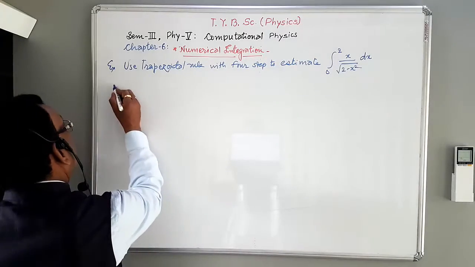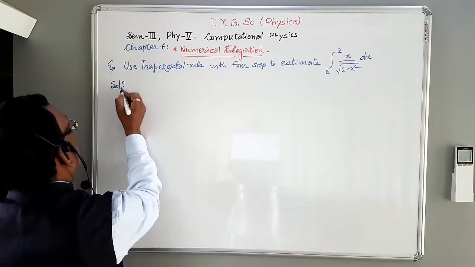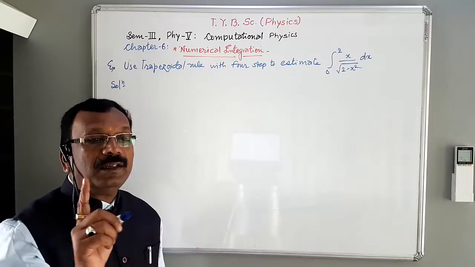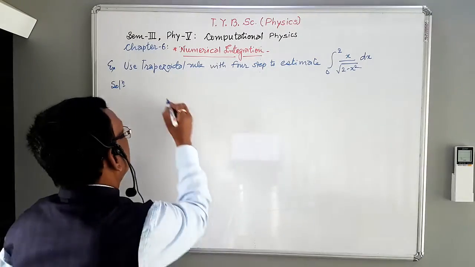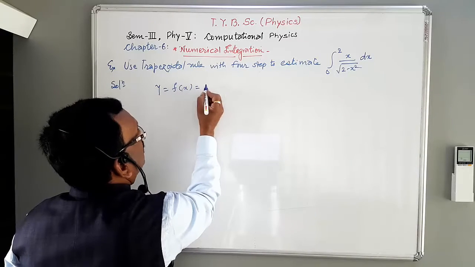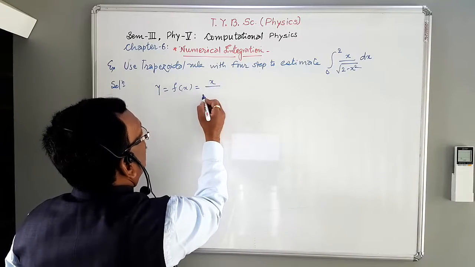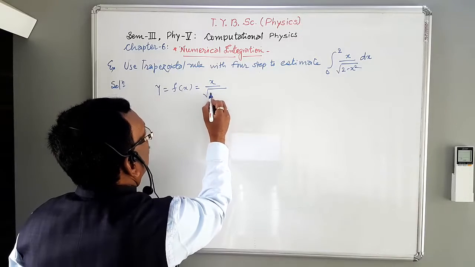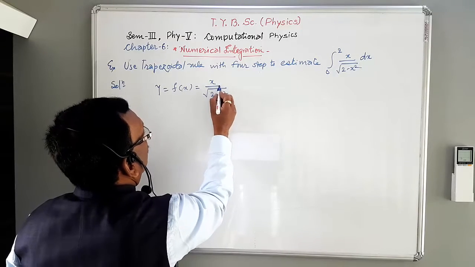By using the trapezoidal rule with 4 steps we have to estimate the value of this integral. So the solution is very simple. See, there are 4 steps. First one is y equal to f of x equal to x upon under root 2 minus x square.